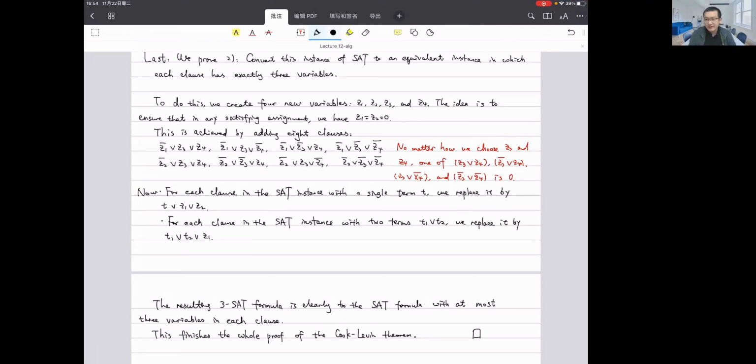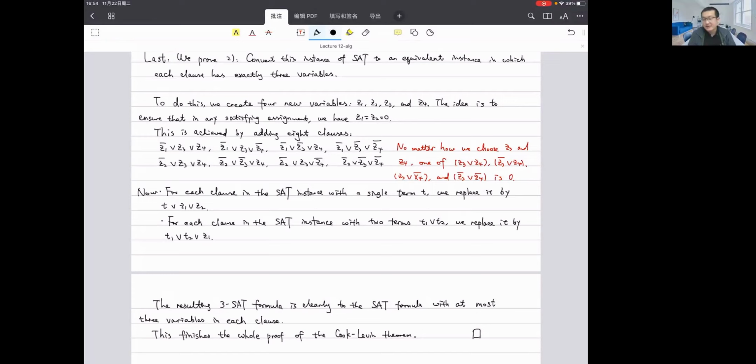We make a reduction from the circuit SAT problem to the 3-SAT problem, and due to the NP-completeness of the circuit SAT problem, we establish the NP-completeness of the 3-SAT problem. This construction is made by a transition: in the middle we have a SAT instance where each clause has at most three variables. To make the transition from the circuit SAT problem to this kind of SAT problem, we mark all the variables in this circuit and make clauses.